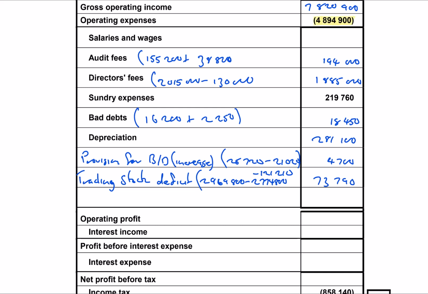So that's 4,894,900 minus 194,000 minus 1,885,000 minus 219,760 minus 18,450 minus 281,100 minus 4,700 minus 73,790. That's 202 million.